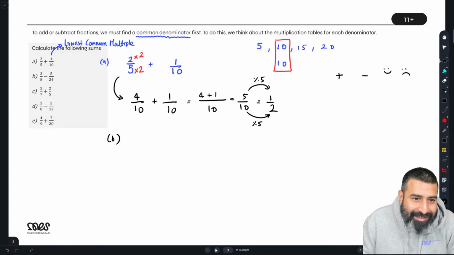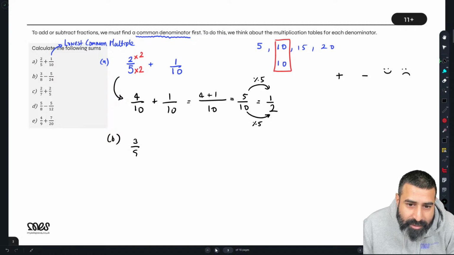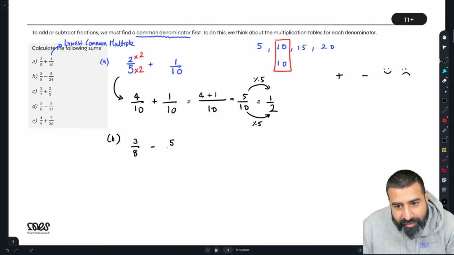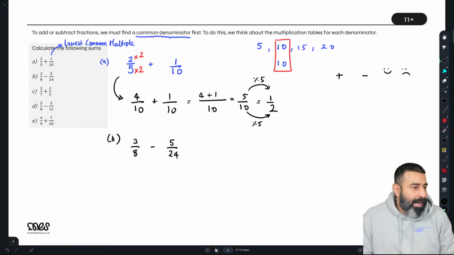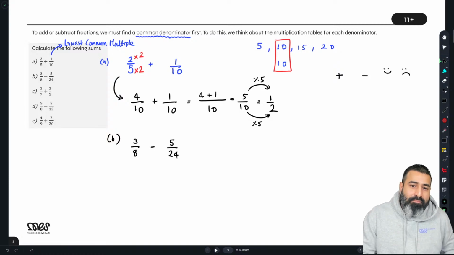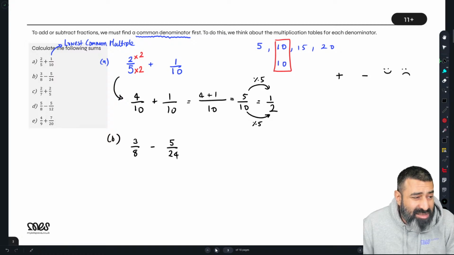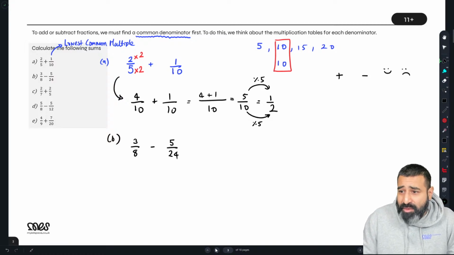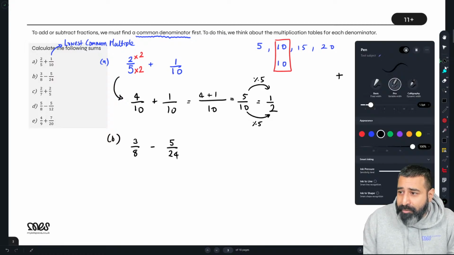Okay. Let's have a look at 3 over 8 minus 5 over 24. Now, remember, subtraction is just the opposite operation of addition. So what we're going to do here is the same thing, but we've got a problem.